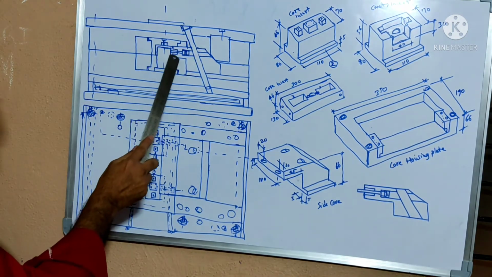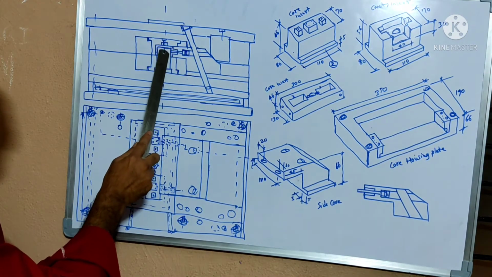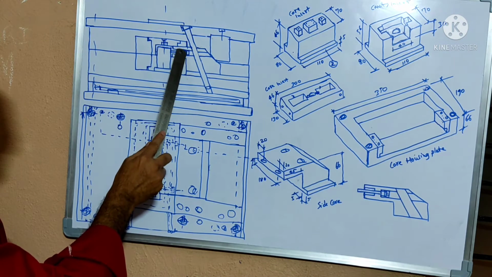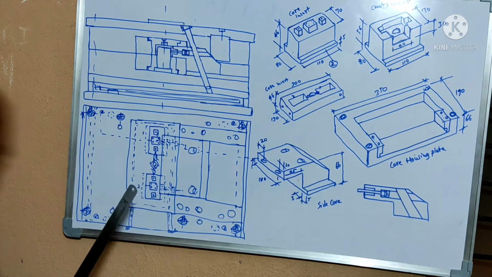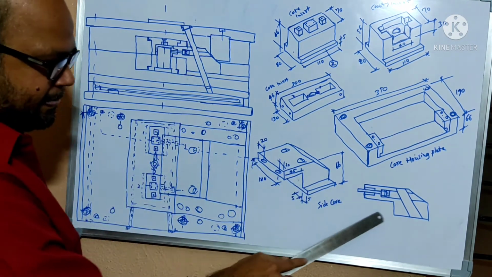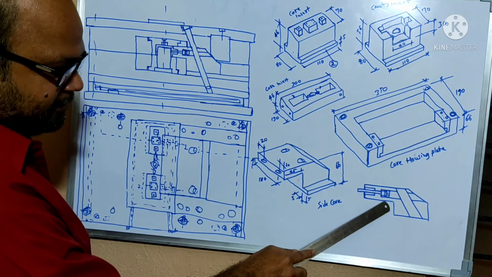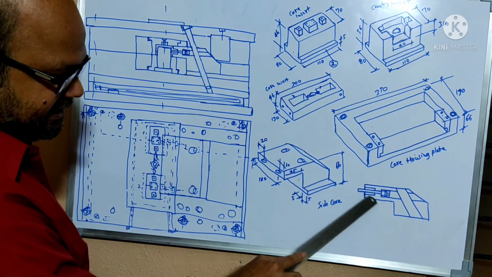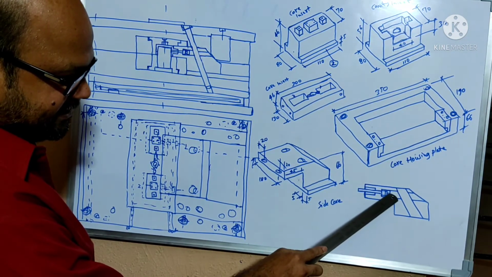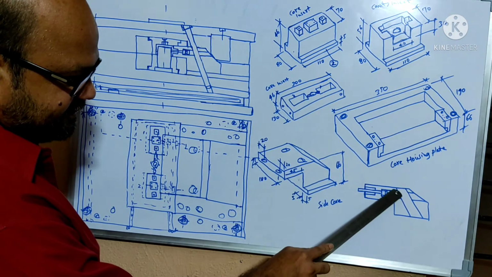This one is the side core, this one is the pin, and the back side is the grub screws.